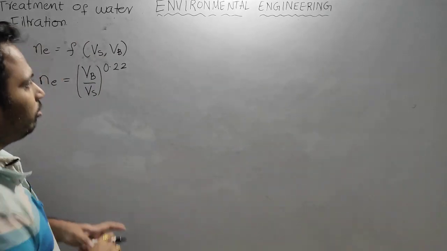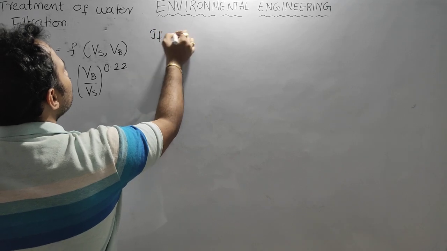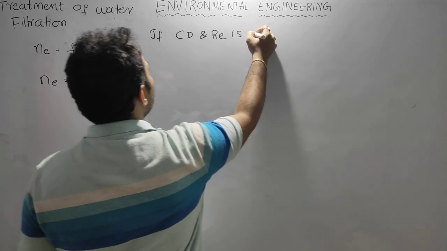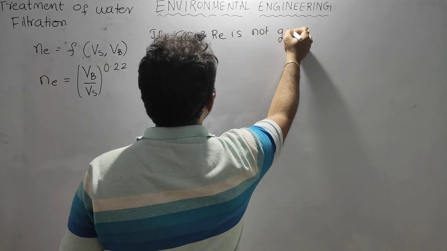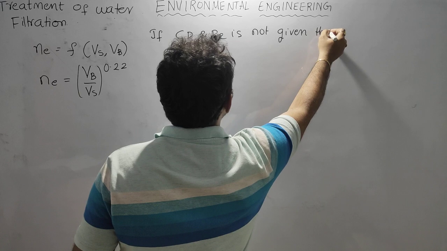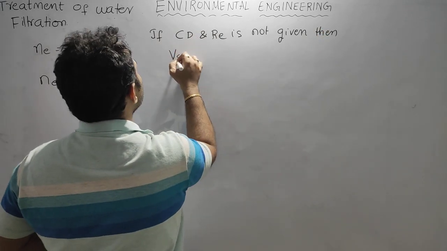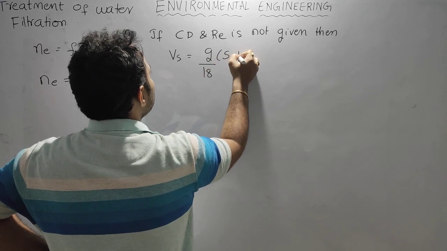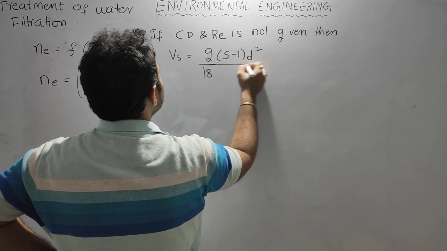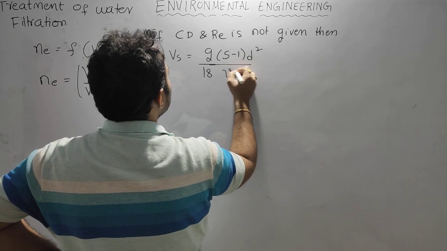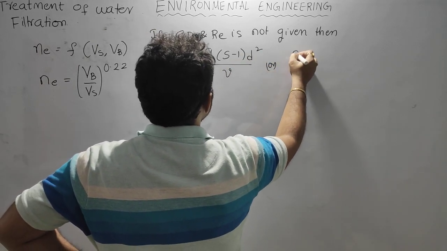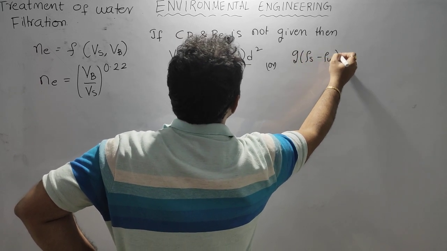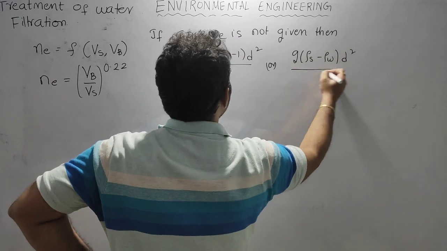If the coefficient of drag and Re are not given, then take Vs as g by 18 into (s minus 1) d square by nu, or g into (rho s minus rho w) d square by 18 mu.